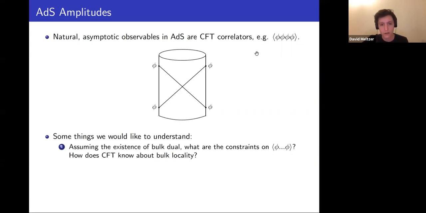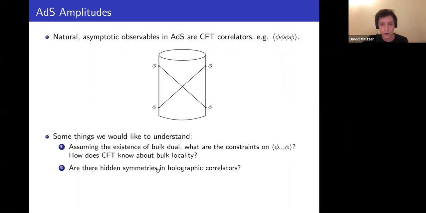A more challenging question is, are there any hidden symmetries in these holographic correlators? It's very well known in the study of amplitudes that there can be symmetries in your theory which aren't manifest at the level of your Lagrangian. And we expect that there are similar things happening in AdS CFT.